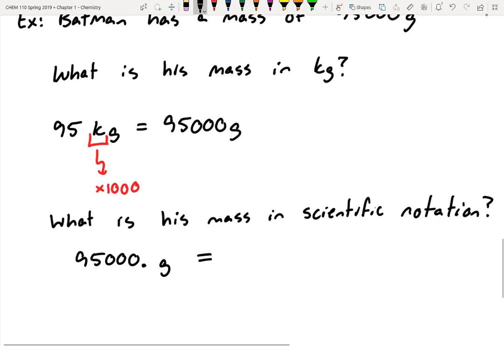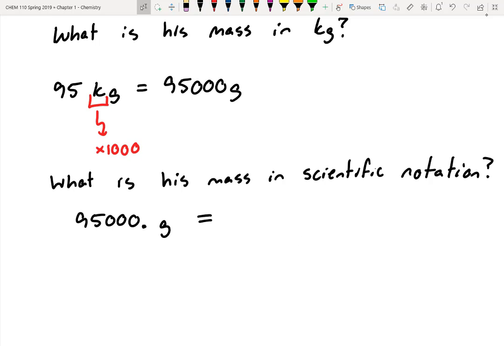If you remember, I said when we do scientific notation, we want to move the decimal after the first non-zero number, right? So in this case, I'm going to move this decimal after the 9, not after the 5. That's standard scientific notation. So we moved it 4 spots. So we could say this is 9.5 times 10 to the 4th grams.